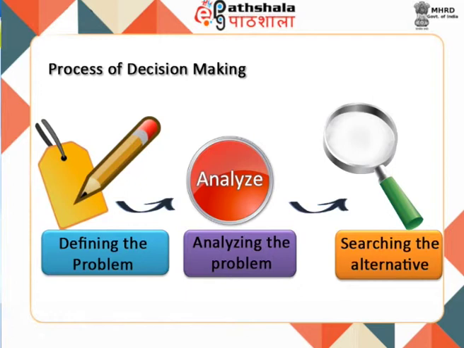No search is required if one and only one solution is there. It is important to note that there may be some limiting factors that may affect the generation of the alternatives. For example, if the organization has limitations in raising funds, a project involving large investments cannot be considered.